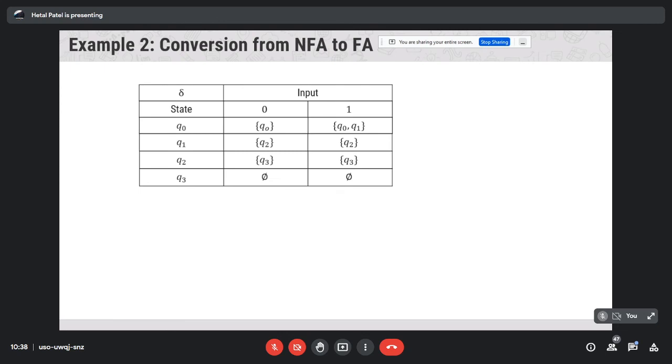So here you will be given the transition table and you have to draw the non-deterministic finite automata, and based on that NFA you have to find out the DFA. So all of you, this is your task. Write down this transition table and draw the NFA and find out the FA.